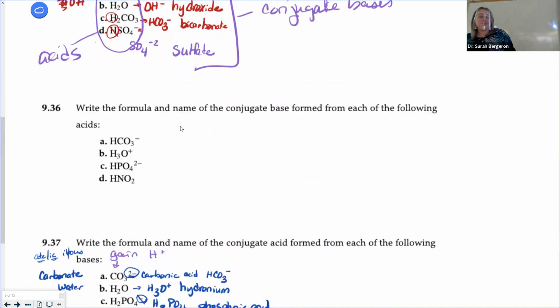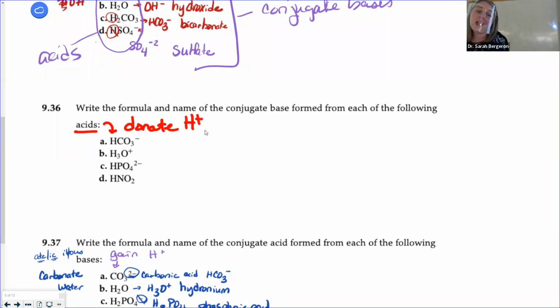Because now we have to write the formula and the name of the conjugate base that's formed from each of the following acids. So what I'm saying is A through D, all of these are acids. So how are they going to behave? Donate or accept hydrogen ions? Donate H plus.